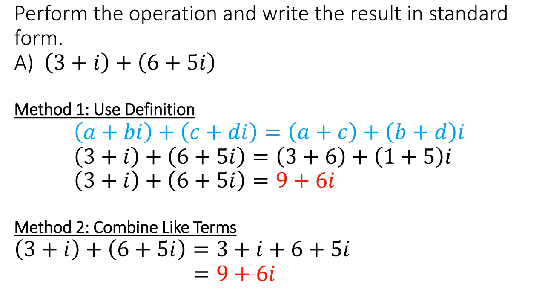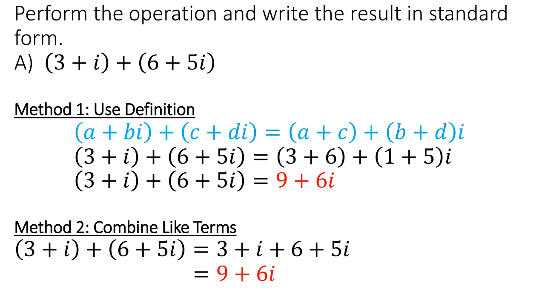Means the real part first and then the imaginary. The 3 plus 6 gives me the 9. The 1i plus 5i gives me the 6i. So this is the second method that you can use to solve it. But again, if you follow the definition format, you'll never go wrong as far as it being in standard form.